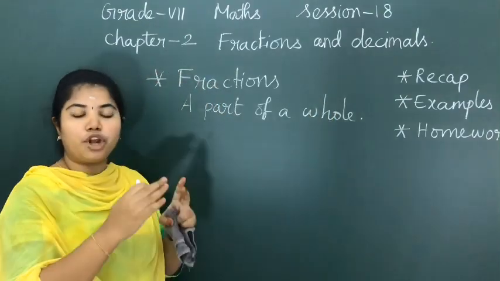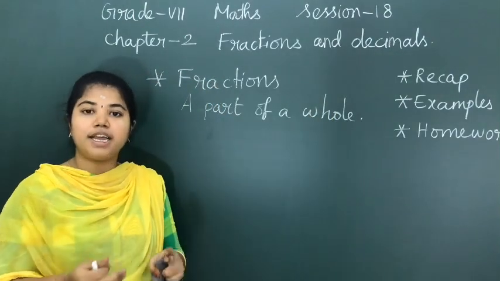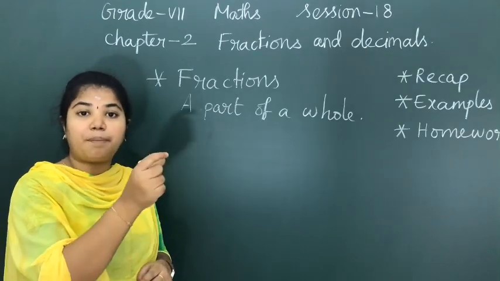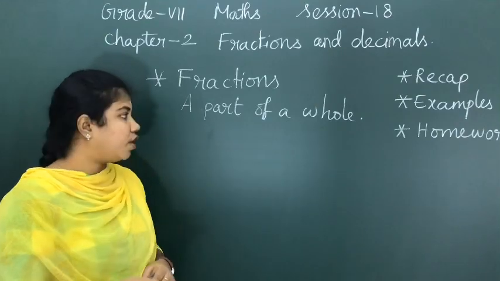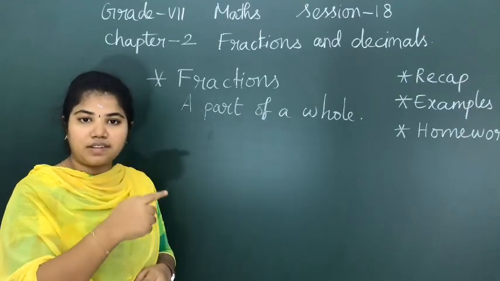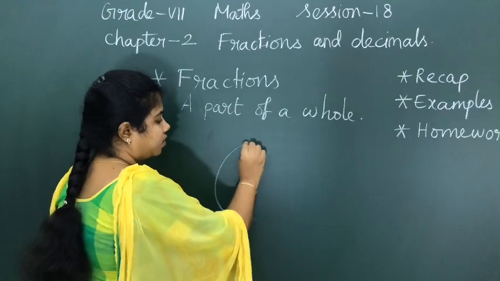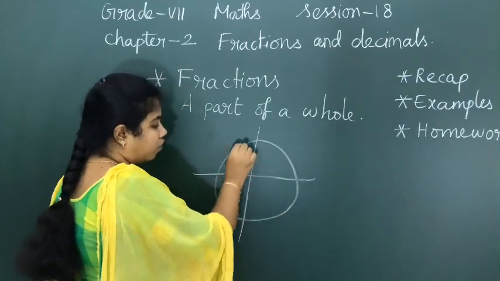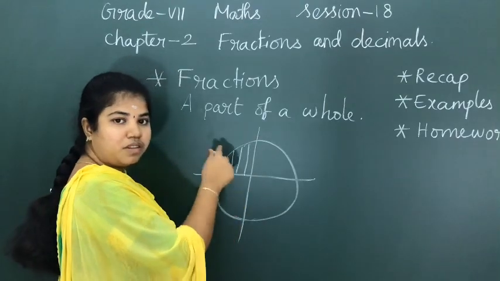A part of a whole means if I divide a whole into equal parts and take some of them, that is a fraction. For example, we take a circle, divide it into 4 equal parts, and shade one part. What is the fraction of the shaded part?